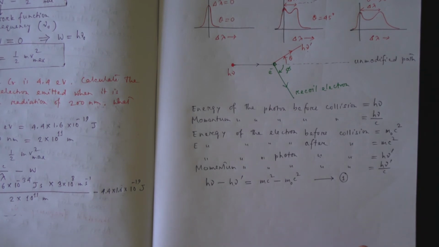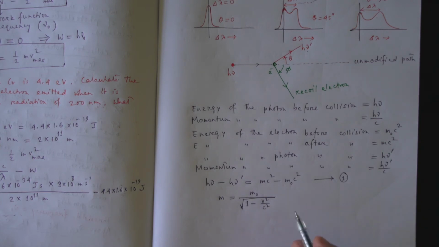So we have to consider relativistic mass. What is relativistic mass? Say m, this is the mass when the electron is moving. This is equal to m naught, called the rest mass when it is not moving, divided by root over 1 minus v square by c square.